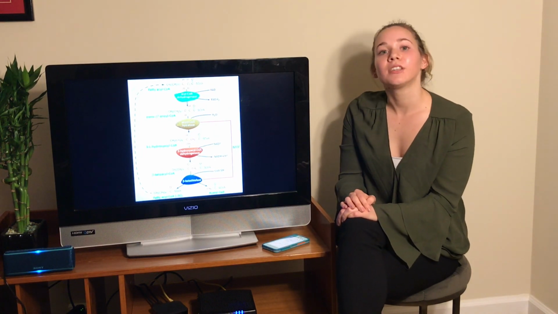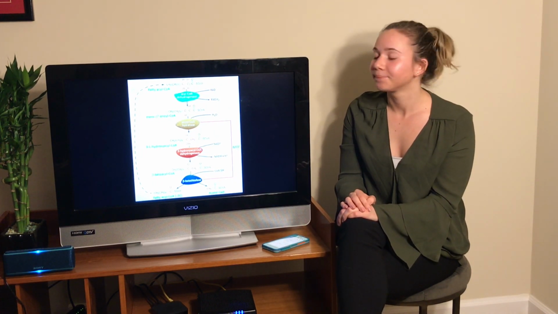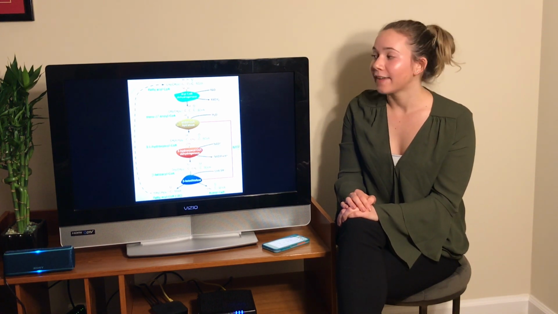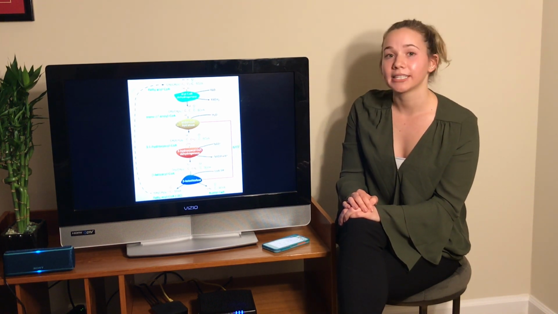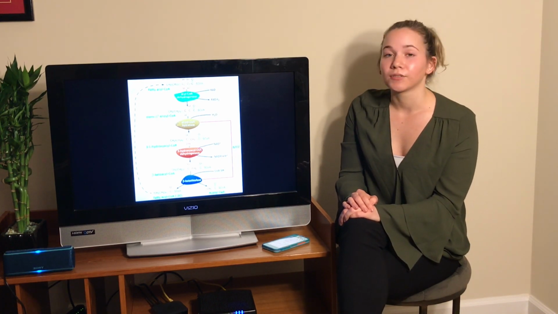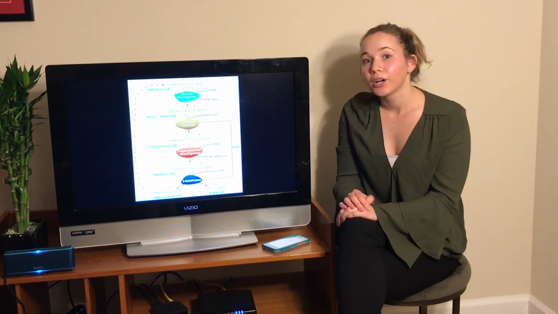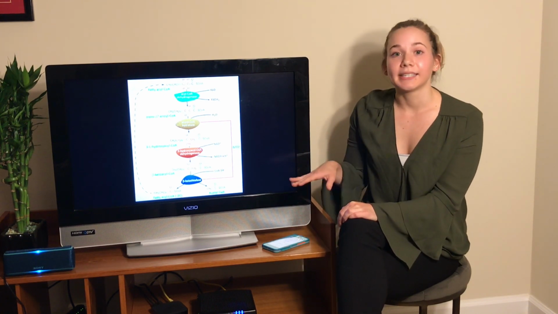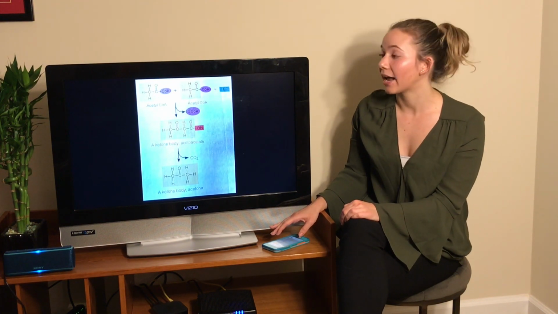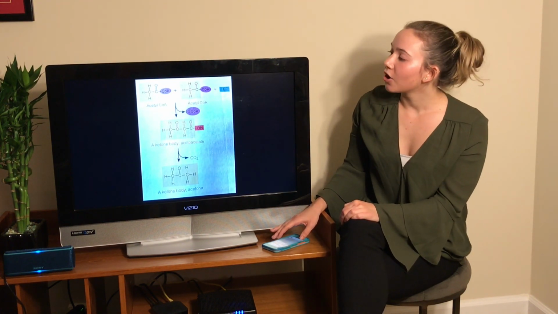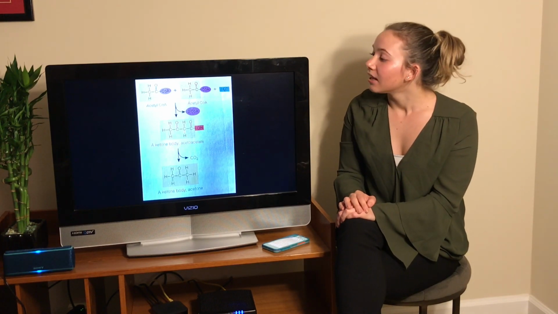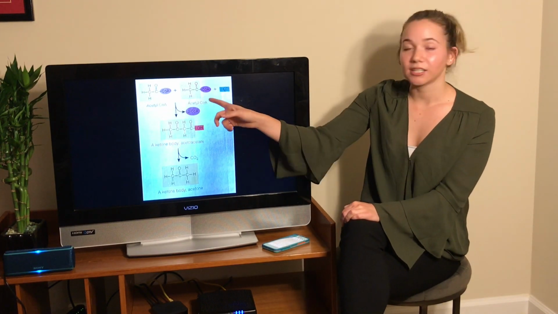Okay, so how does all of this change when you're on a ketogenic diet? So remember, the key focus of a ketogenic diet is the fat intake. So you're going to get a lot more acetyl-CoA production because remember the beta oxidation, you get the production of acetyl-CoAs, and then when you have more fatty acids, you're going to get more acetyl-CoA production. Okay, and this is a look at what happens to those acetyl-CoAs. So when you have too many acetyl-CoAs, they're going to actually combine, and then you have acetyl-CoA here, acetyl-CoA here.